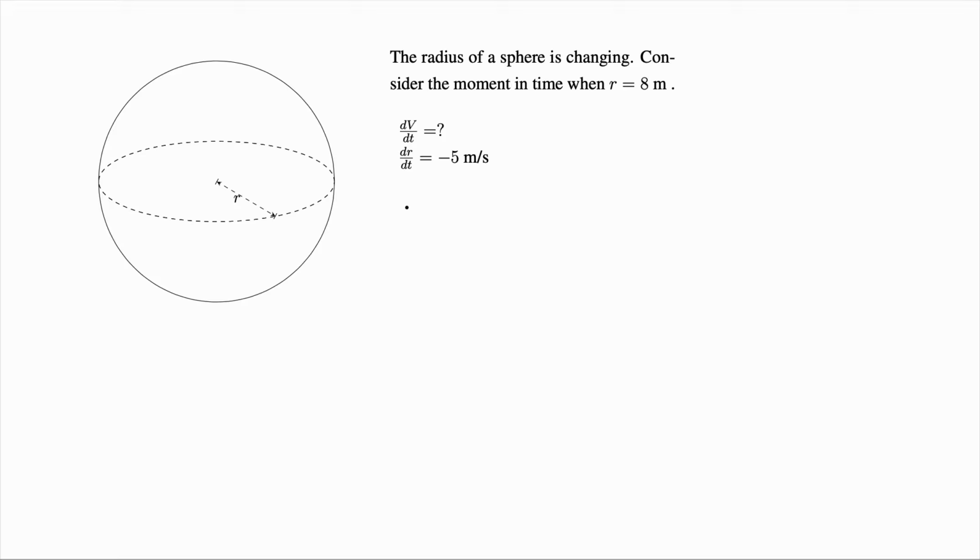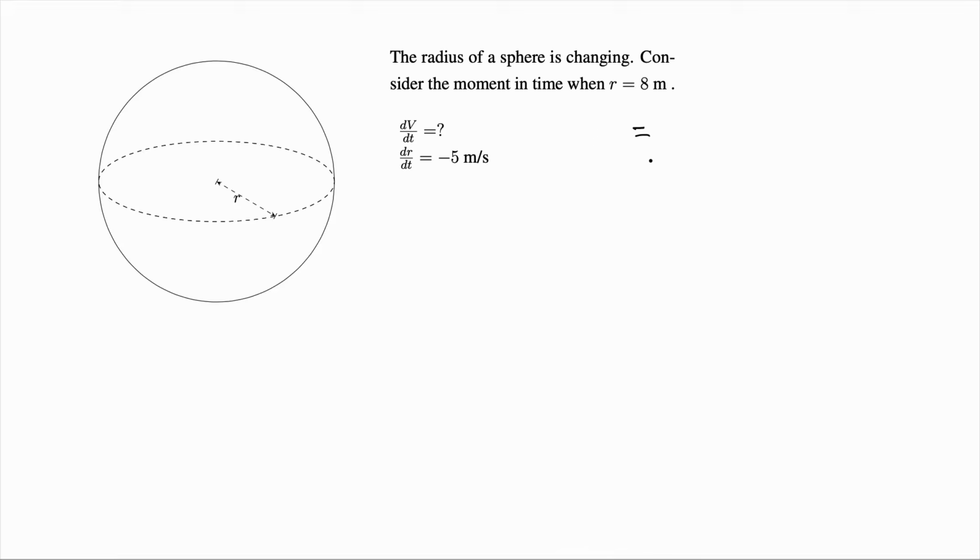So we need an equation that relates the variables V and r together, but thought of as functions. Volume is a function of time, r is a function of time. We're taking derivatives of them. If we have an equation that relates V and r as functions, then that equation is an equation of two functions.